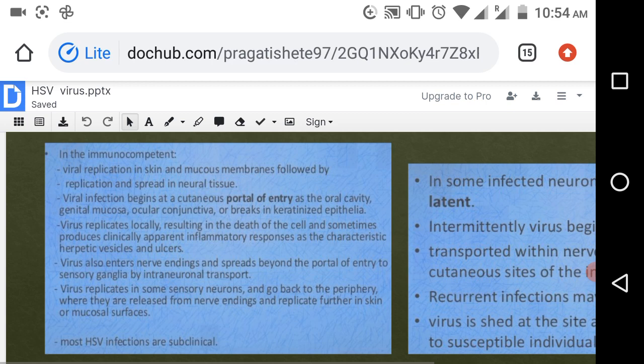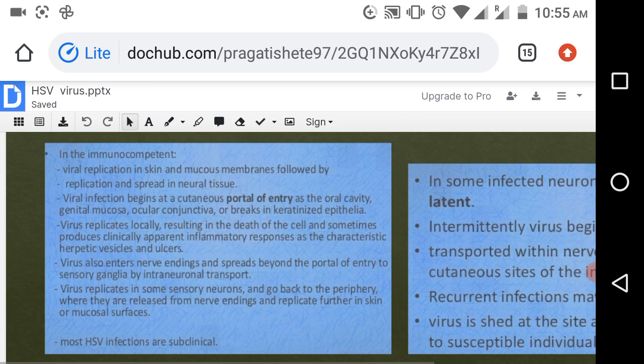What it does to spread the infection or cause the disease comes under the pathogenesis. Pathogenesis is the study of the pathogen. Now we will start with the immunocompetent patient.